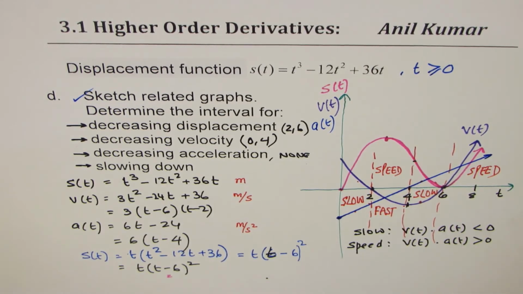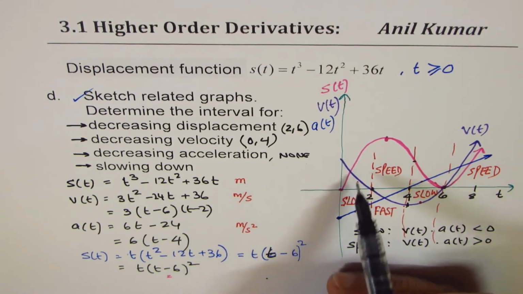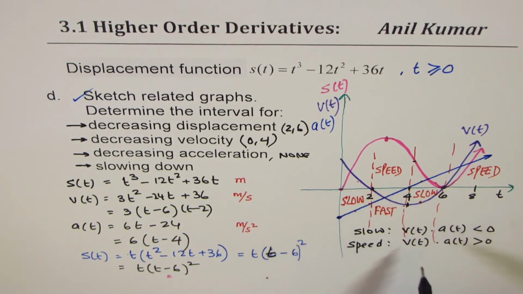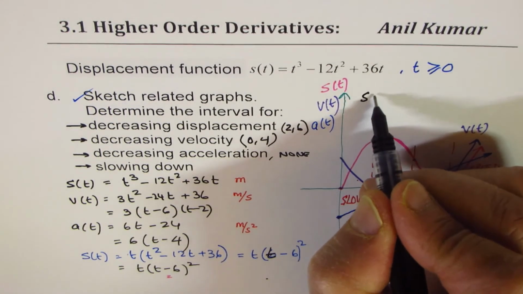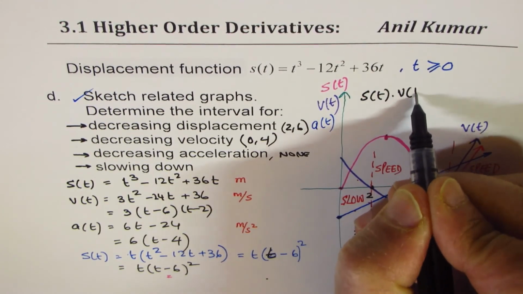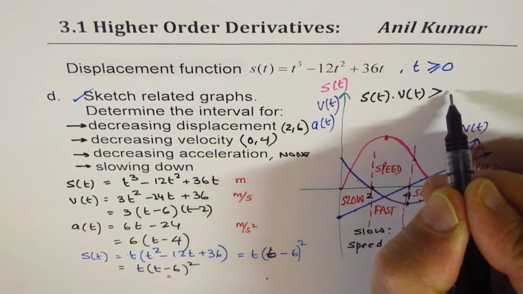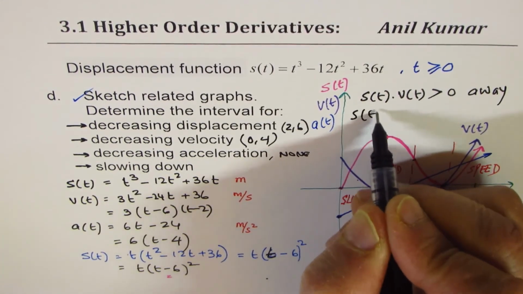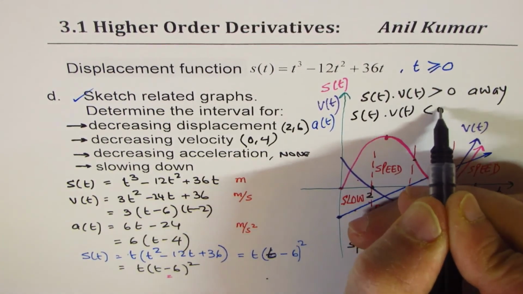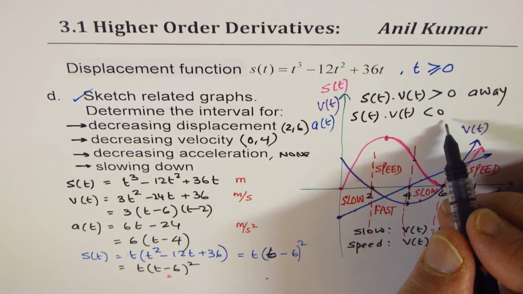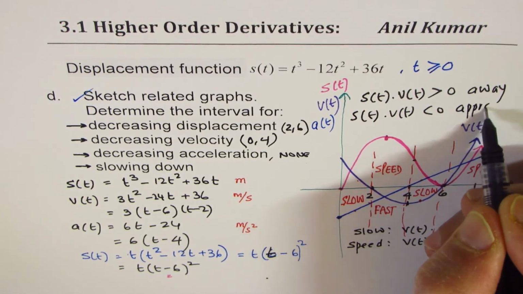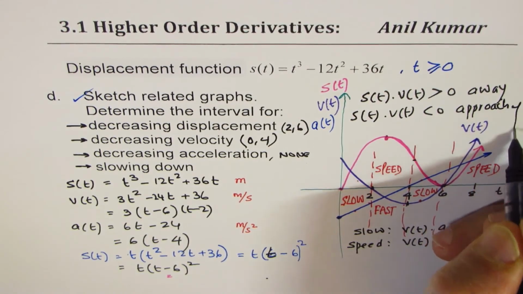Let me also give you a formula for knowing whether the object is going away from or approaching the original point. There we look at the product of displacement and velocity. If it is positive, then it is going away. If the product of displacement and velocity is less than 0, then it is approaching.